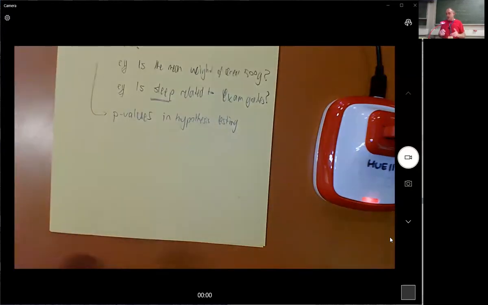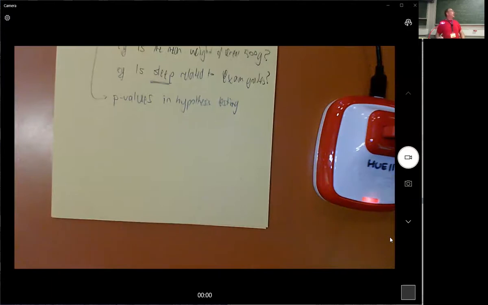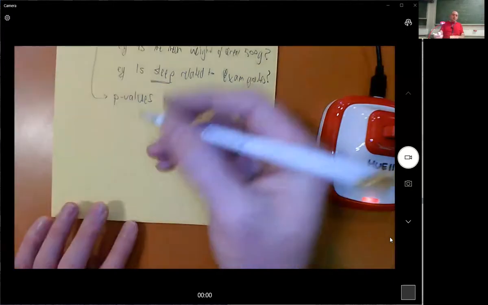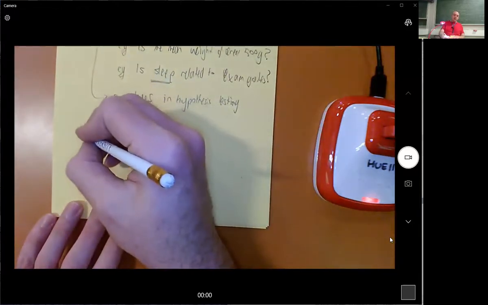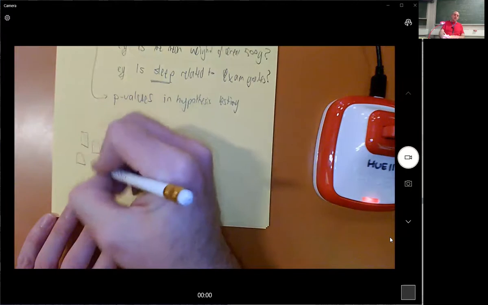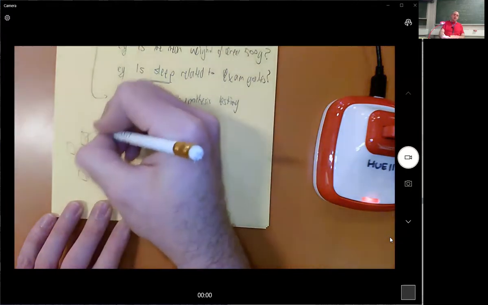So I need to do it as an example probably, just to make sure we've got the right idea here. No, just a little more philosophy. The way that statistics works is that you're trying to imagine all the situations that could have happened. So if you've got a question like, is the mean weight equal to 500? You would get a whole lot of cereal boxes, which I'm going to draw as rectangles, and you would measure all their weights.